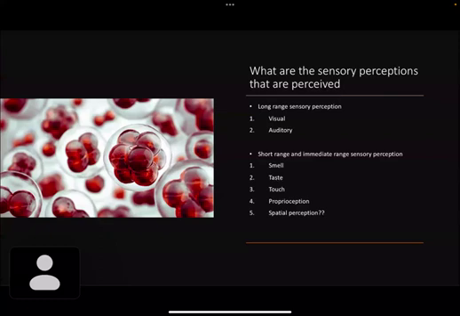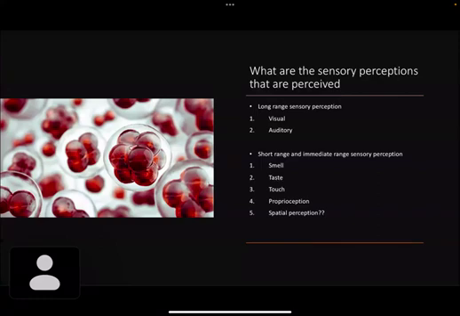So what are the sensory perceptions that are perceived by us? Long range sensory perception, that is visual and auditory. Short range and immediate range sensory perception: smell, touch, taste, proprioception, and spatial perception.